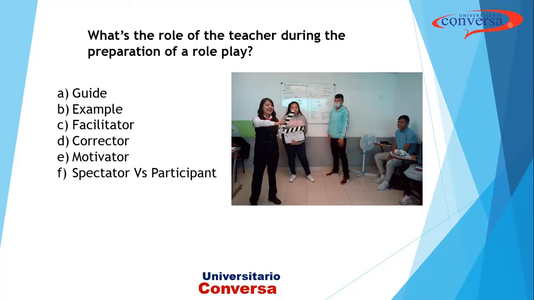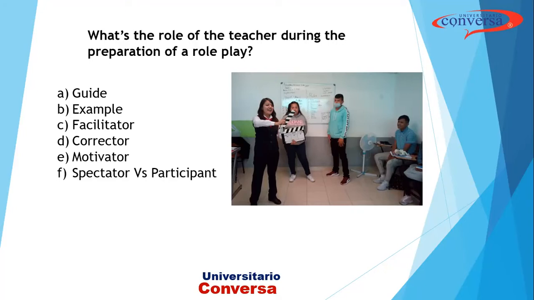But if the teacher is also a participant, if the teacher is taking one of the roles in the activity, it also helps the students to have a guide, to have someone who gives them the right direction they need to follow when they are in front.